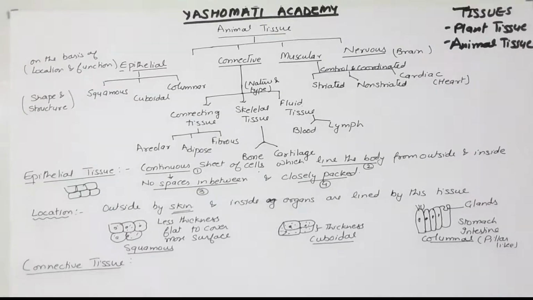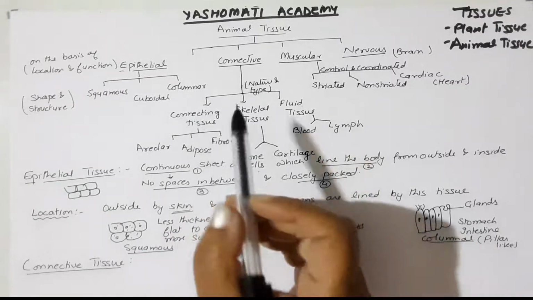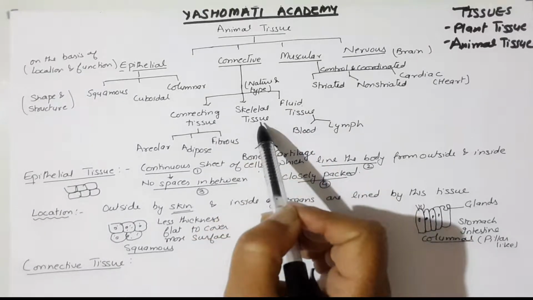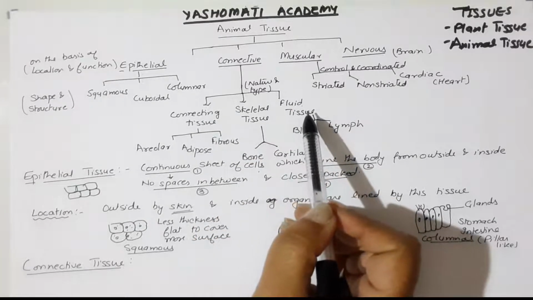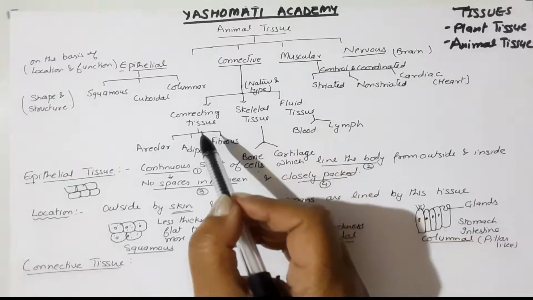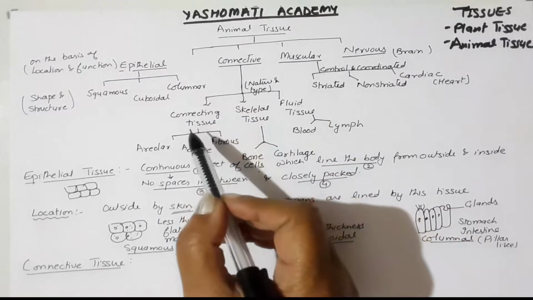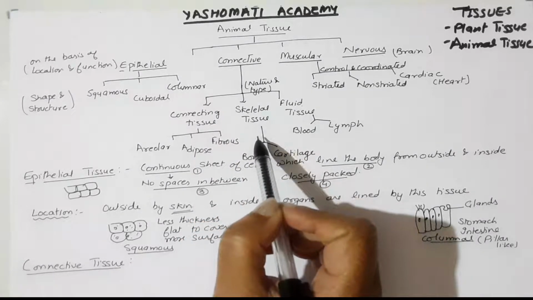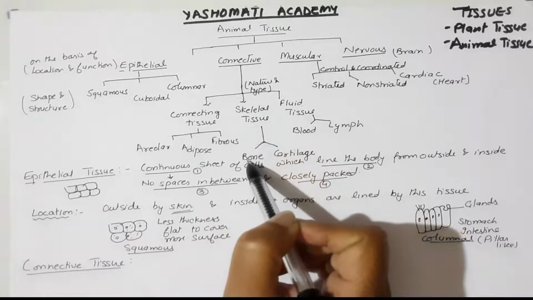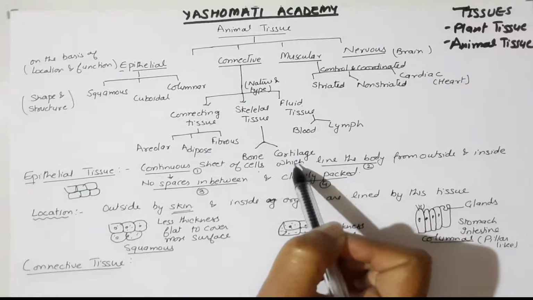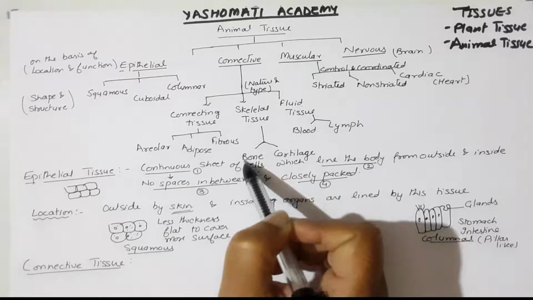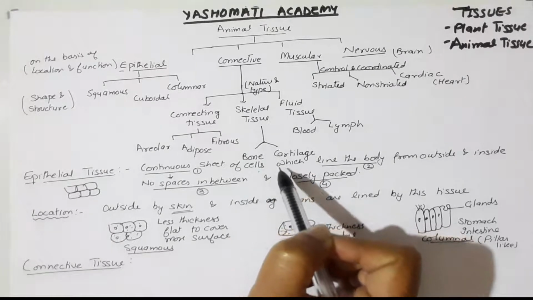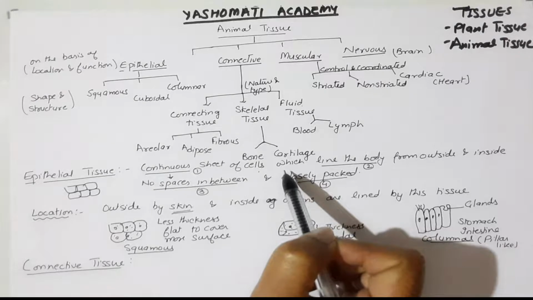Connective tissue is of three different types, that is connecting tissue, skeletal tissue and fluid tissue. Connecting tissue, it helps in binding the tissues, whereas skeletal tissue, as we have discussed, that it consists of bone and cartilage which help in giving shape and protection to the body, and we know that bones, they can store minerals also in them.